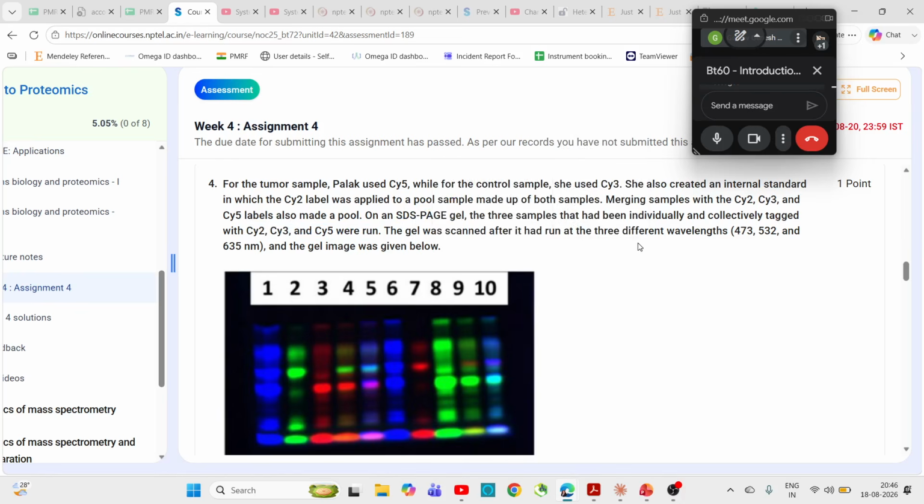The gel was scanned at three different wavelengths of Psi2, Psi3, and Psi5, and this is how the image was obtained.